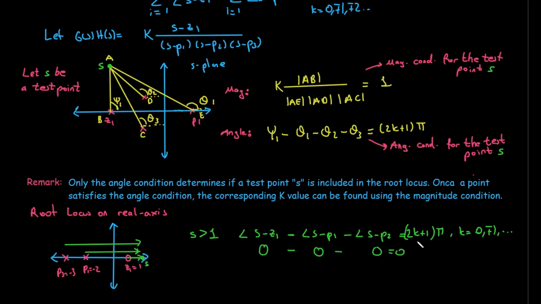And 0 is not an odd multiple of pi. It cannot be pi, 3 pi, 5 pi, etc. So it is not equal to 2k plus 1 times pi. Which means that any test point to the right of this Z1 cannot be included on the root locus, because those points on the real line do not satisfy the angle condition.